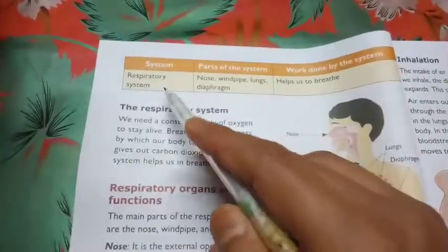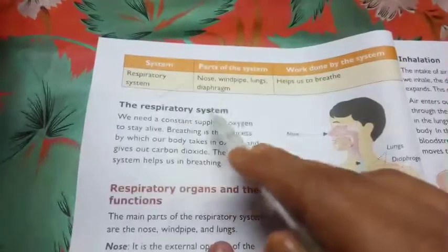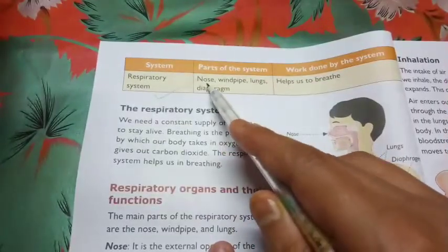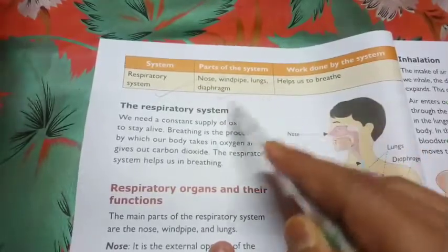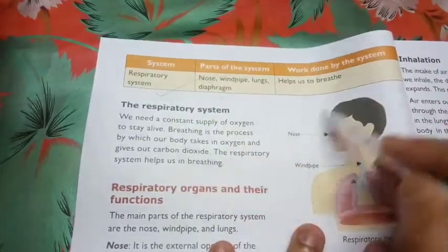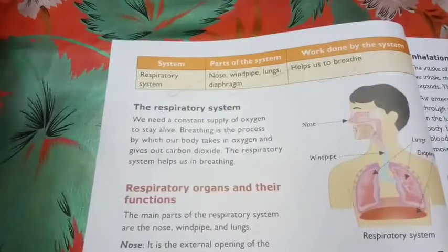The last one is our respiratory system. The organs are nose, windpipe, lungs, diaphragm. Functions: it helps us to breathe. I think the diagram of the respiratory system is not there. That will be in a higher class, so don't worry about it.